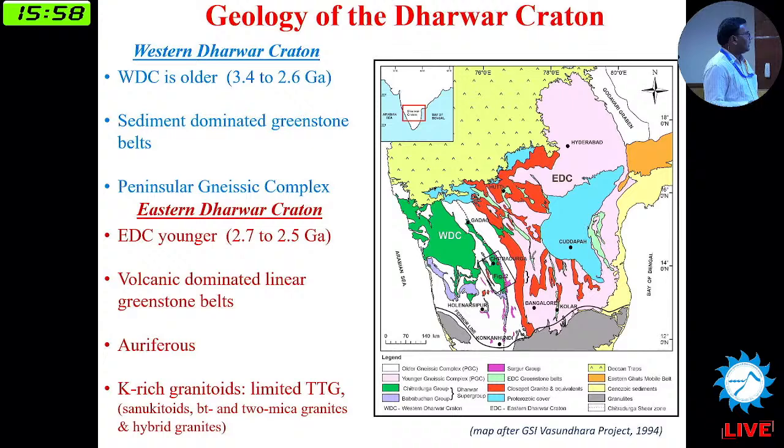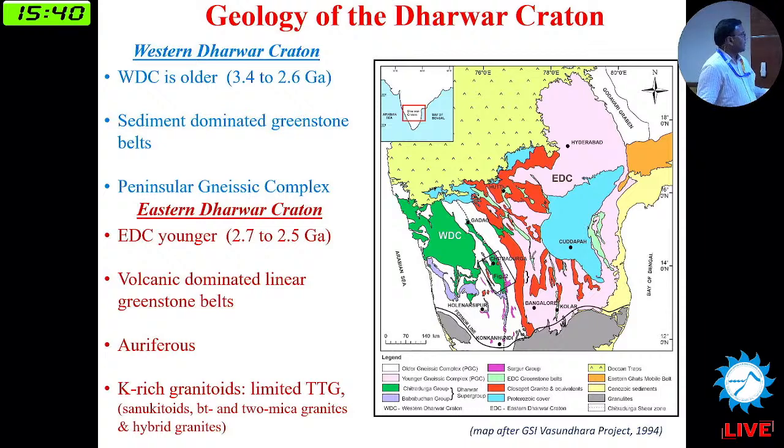With this little background, I wanted to get into the geology of the Dharwar Craton. This is the Dharwar Craton geological map after the GSI Vasundhara project, 1994. As we all know, the Dharwar Craton is traditionally divided into the western and eastern Dharwar Cratons.